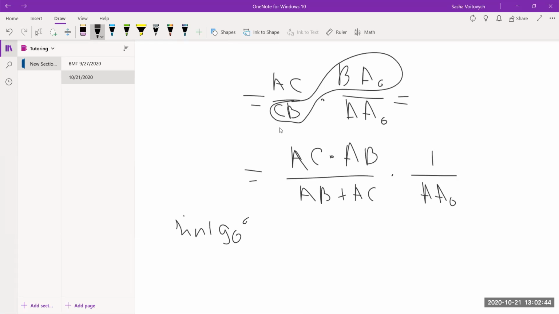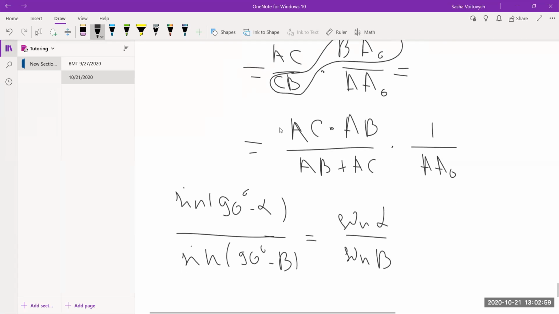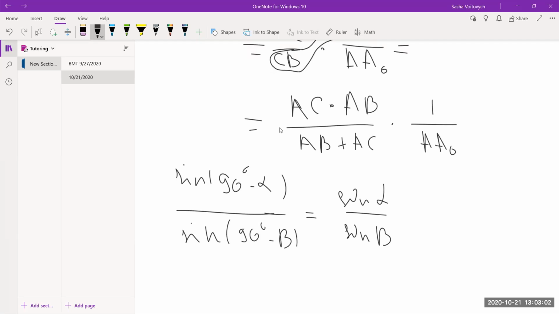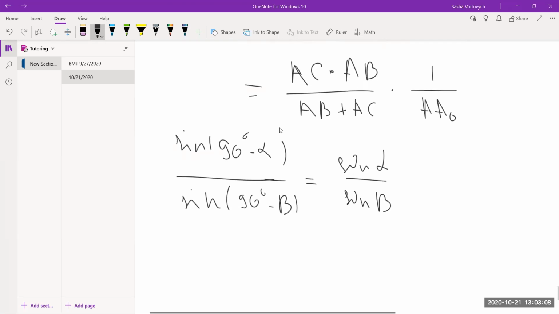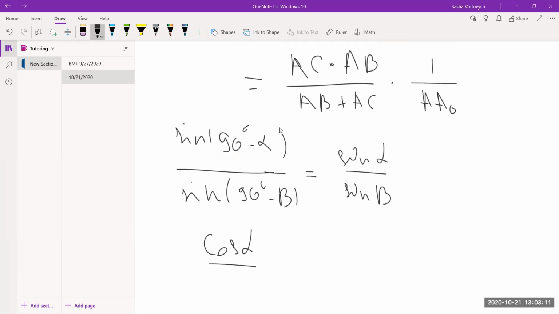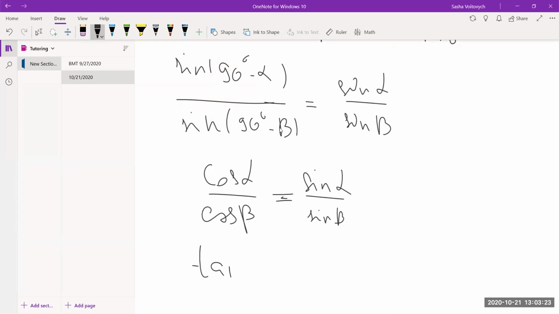So then we get sine of 90 minus alpha over sine of 90 minus beta is equal to sine alpha over sine beta. Okay, so this is just cosine alpha over cosine beta is equal to sine alpha over sine beta. So rearranging this, we get tan alpha equals tan beta.